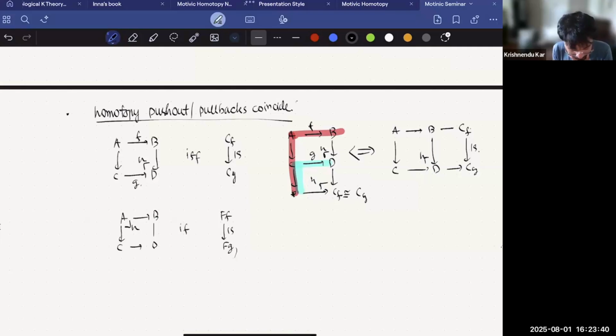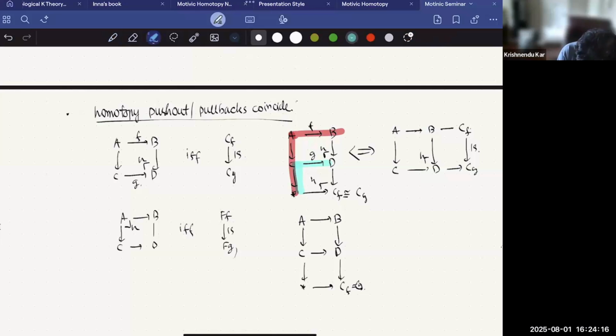Now using these two if and only if statements, I want to show that homotopy pushouts and pullbacks coincide. How do I show that? Let's see. You start with a homotopy pushout square A, B, C, D. So this CF is equivalent to CG, the same thing.